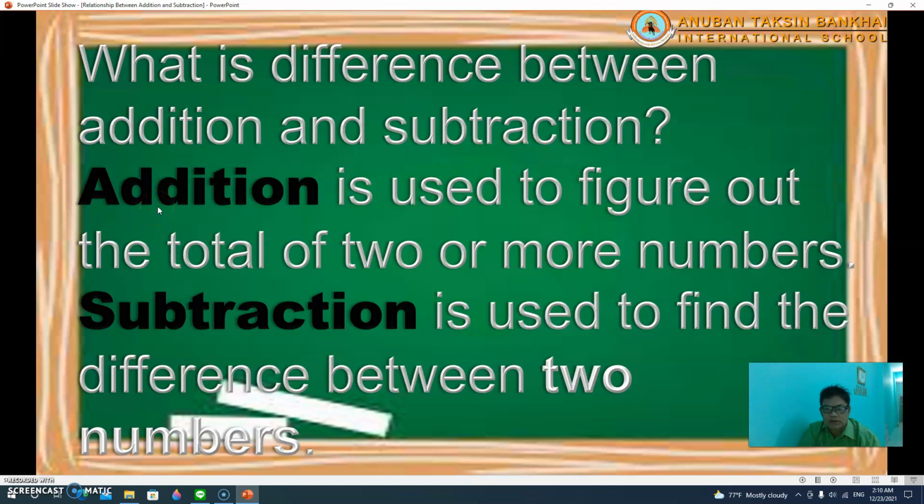Addition is used to figure out the total of two or more numbers, while subtraction is used to find the difference between two numbers.